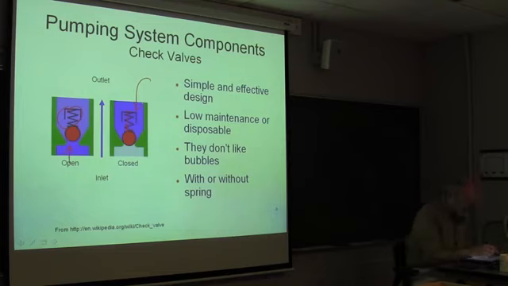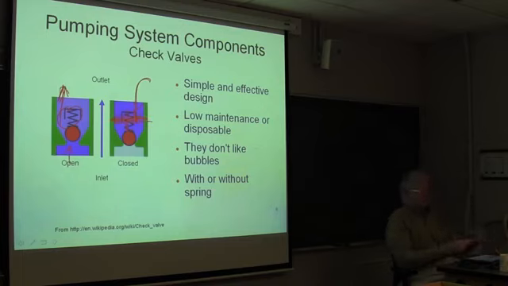So flow is out in that direction, and then there's no flow in that mode. And the inlet check valve and outlet check valve work 180 degrees out of phase with one another. So one is open, the other's closed.